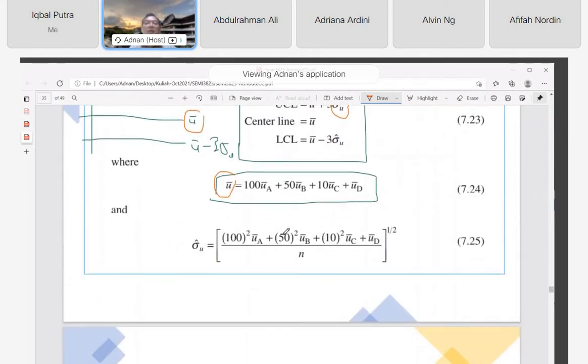Okay, so the sigma here is given by this formula, which is a square root of, again, the weightage. For sigma, weightage 100 square, maka kita kena square of the weightage. All the weightages are squared. You have three weightages. Ada sistem yang menggunakan hanya 3 sahaja.